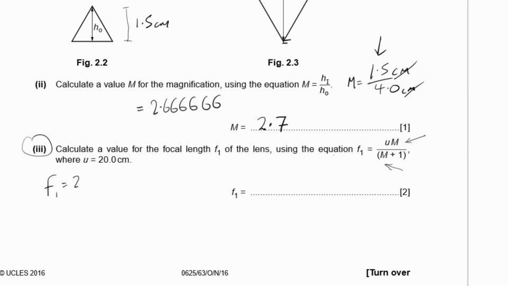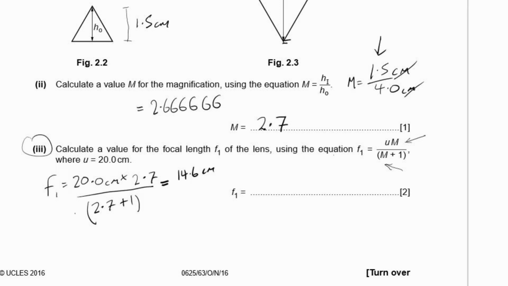Alright, so what we get is 20.0 centimeters times m, 2.7, divided by 2.7 plus 1, which is 3.7. And if we follow that through, we will get a value of 14.6 centimeters.